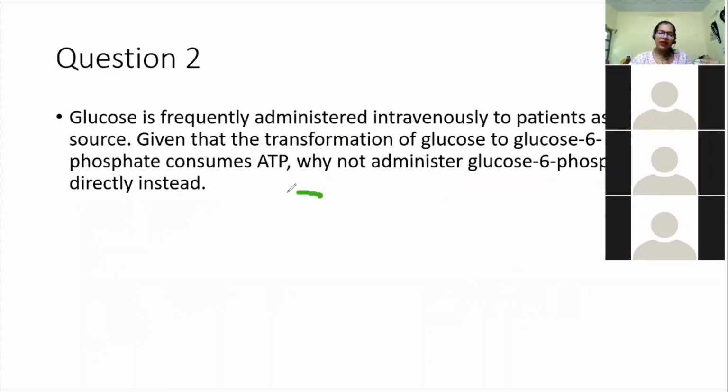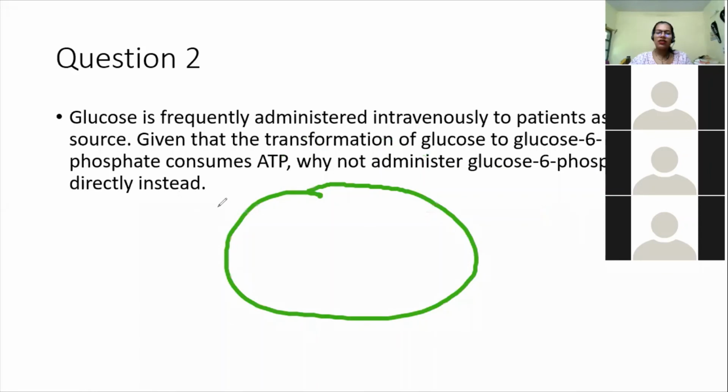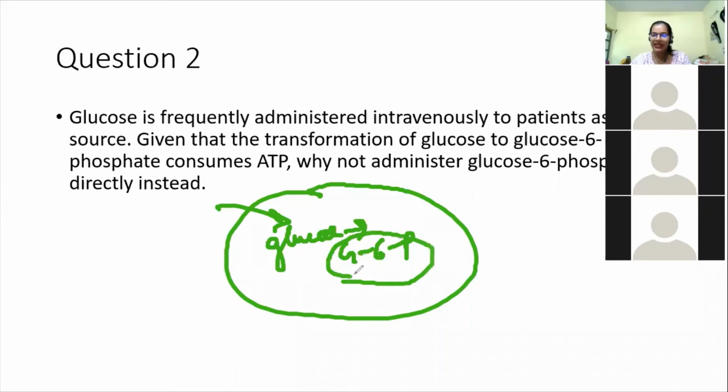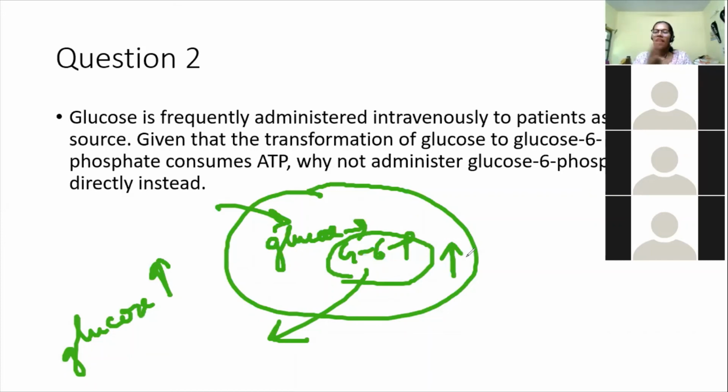One more thing. Once the glucose is inside, it immediately gets converted to glucose 6-phosphate. This is the reason why, even if the concentration of glucose 6-phosphate increases, it will not go outside, because outside the glucose concentration is high and inside the glucose 6-phosphate concentration is high. So the solute osmolarity is not being hampered, and once it gets converted into glucose 6-phosphate, it cannot go out of the membrane.